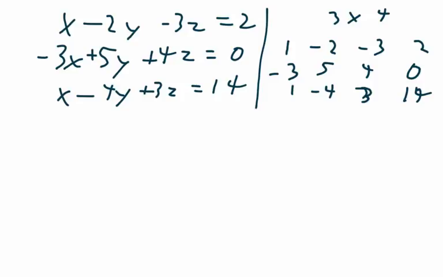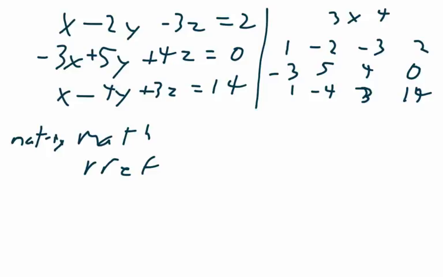Now when you have that in your calculator, you want to quit out of that by hitting second mode. Then you want to go back to your matrix menu, move over to math, and go down to RREF. So matrix, math menu, down to letter B, which is RREF.